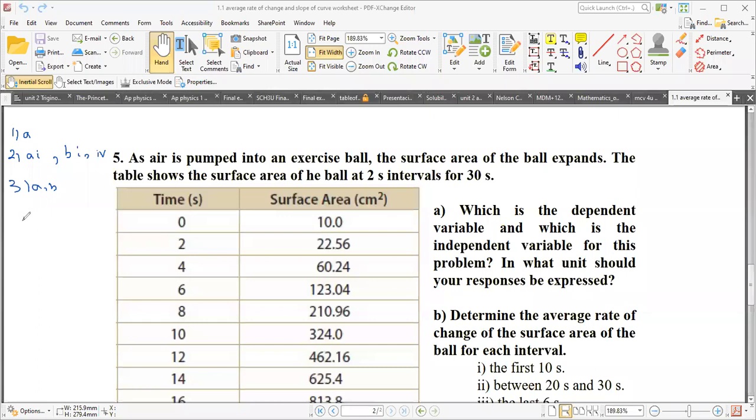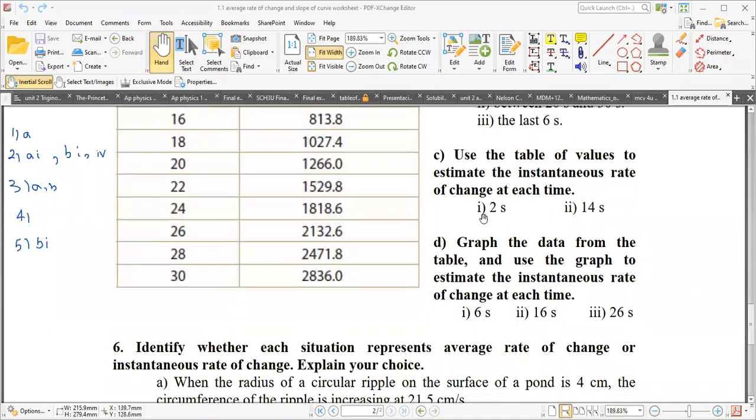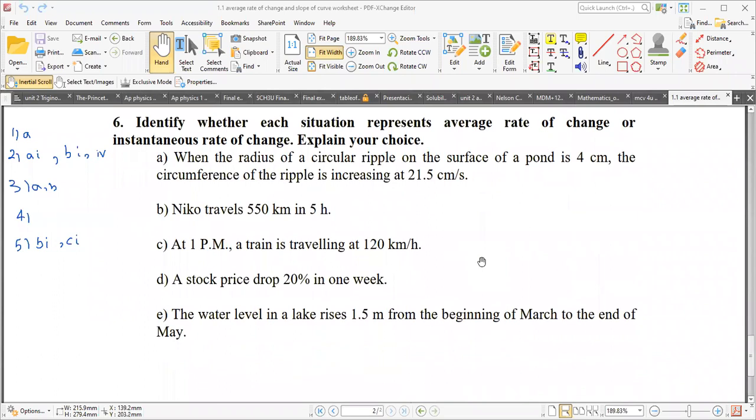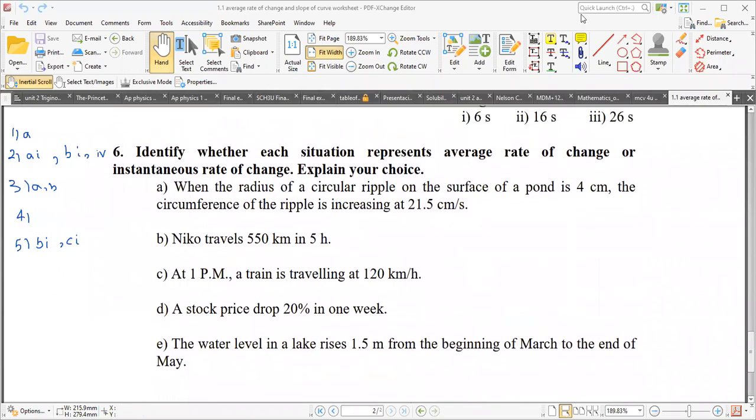And question number 5, you do B, I, average rate of change, and then instantaneous, and you do C, I, and question number 6. This is your homework.